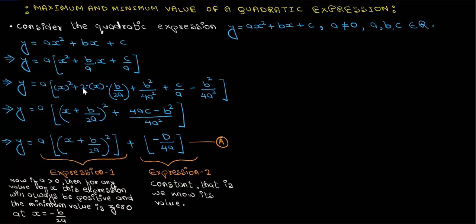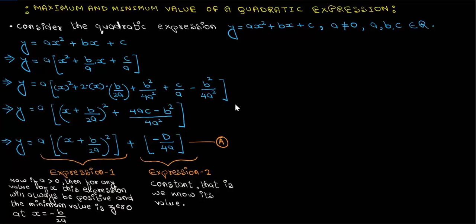So x square plus 2x into b by 2a plus b square by 4a square, because a square plus 2ab plus b square means, here, b by 2a whole square, so b square by 4a square. And we put plus c by a, and this b square by 4a square is the extra term. So in order to make the balance, we have added minus b square by 4a square.